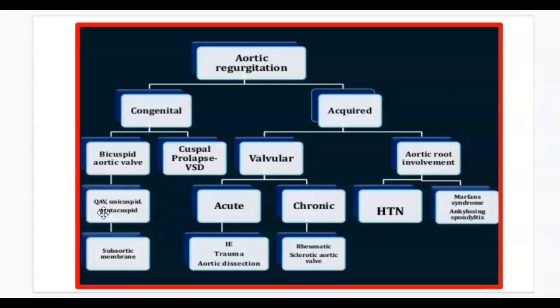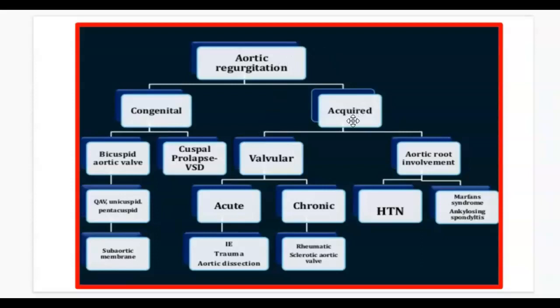You can also have a quadricuspid valve, a unicuspid valve, a pentacuspid valve. I've never seen a pentacuspid valve, but I have seen a 4-leaflet and a 1-leaflet valve, the unicuspid valve. It's really kind of weird. Or maybe it's caused by some sort of subaortic membrane.